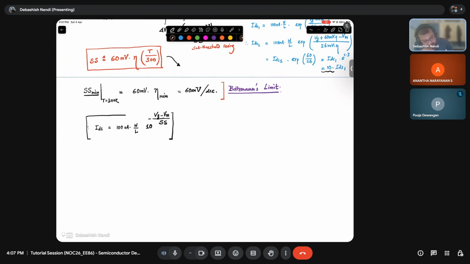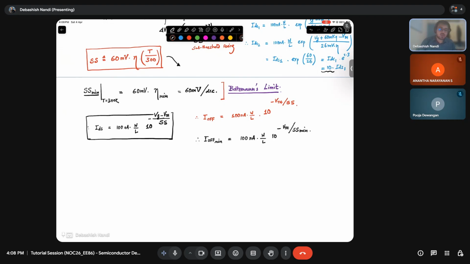So if this equation is clear to you, now what is my Ioff? Ioff is equal to 100 nanoampere times W by L times 10 to the power minus Vth by SS. So you see, Ioff minimum will also be this W by L times 10 to the power minus Vth divided by SS minimum.